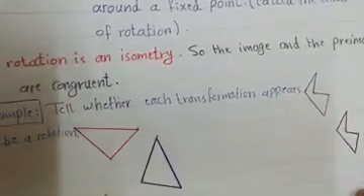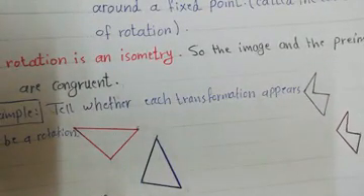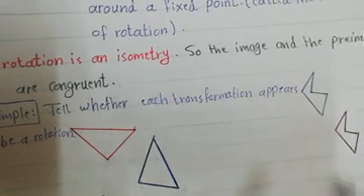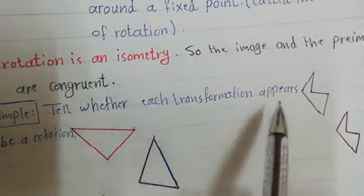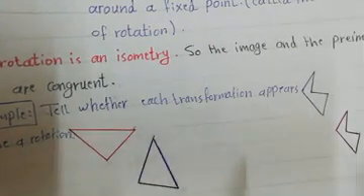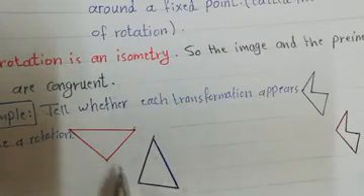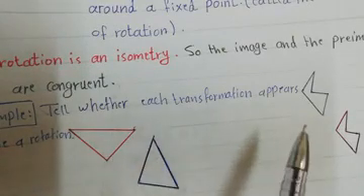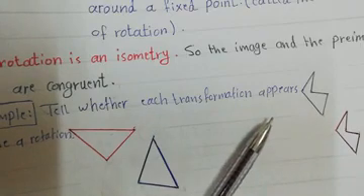Let us talk about this example. Tell whether each transformation appears to be a rotation. Is this transformation a rotation or no? A rotation means you have to rotate.